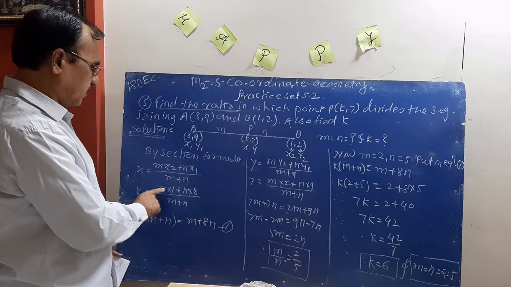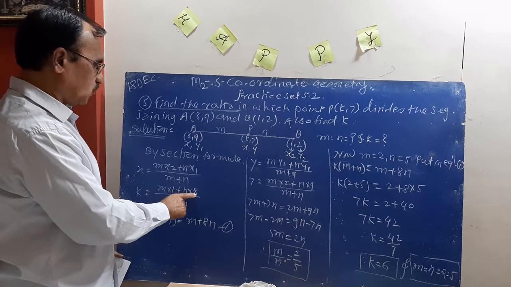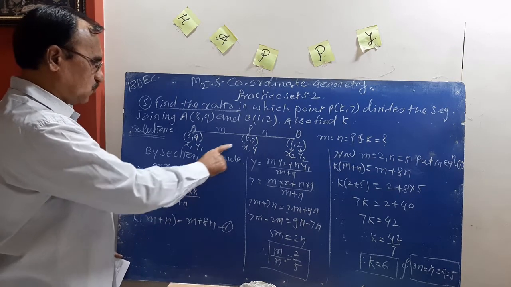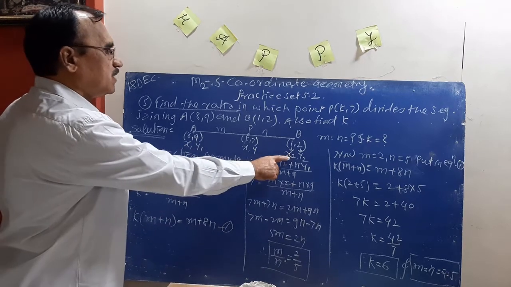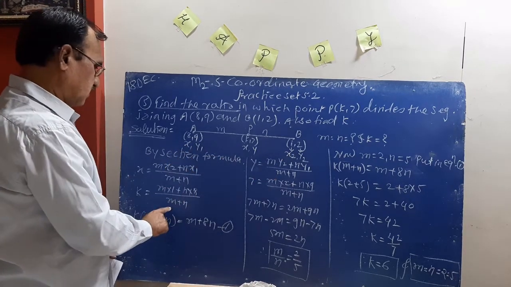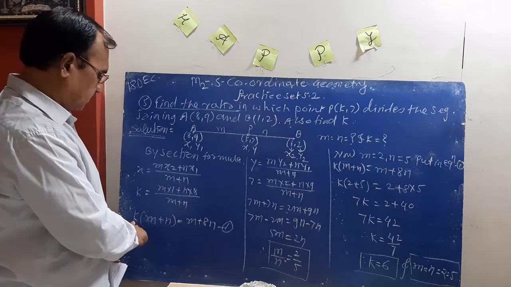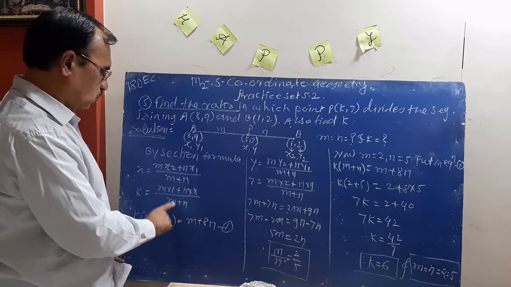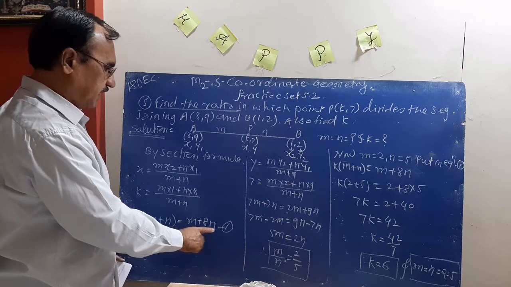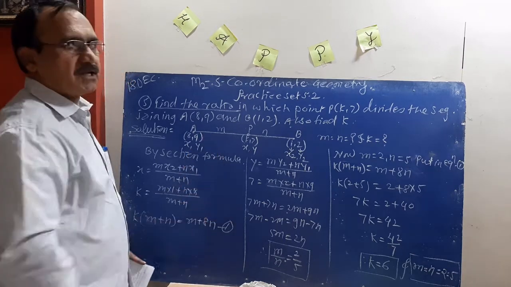K is equal to (m into 1 plus n into 8) divided by (m plus n), as the values of x2 and x1, 1 and 8, are already given. Then by cross multiplication, k(m plus n) is equal to m plus 8n. Suppose this is equation number 1.